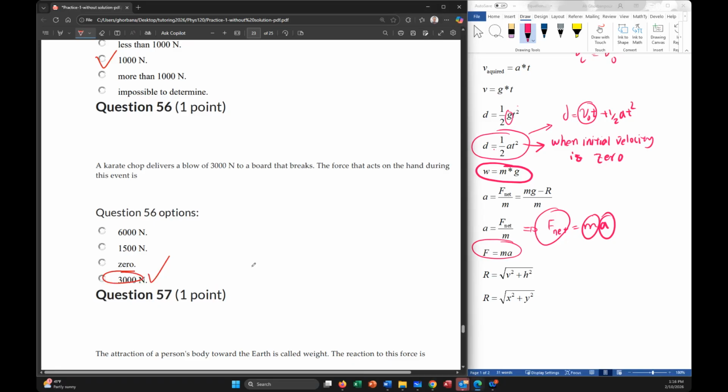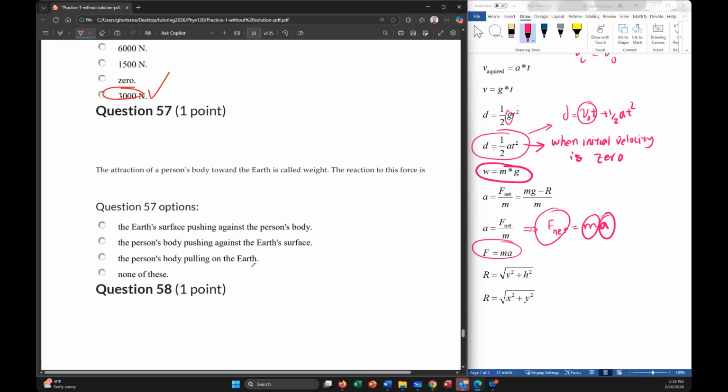Okay, 57. The attraction of a person's body toward the earth is called weight. The reaction to this force is, is it the person's body pushing against the Earth's surface?